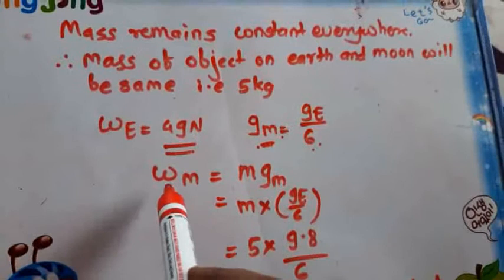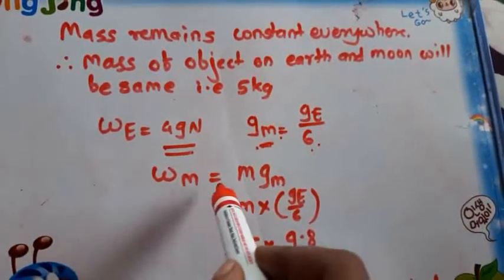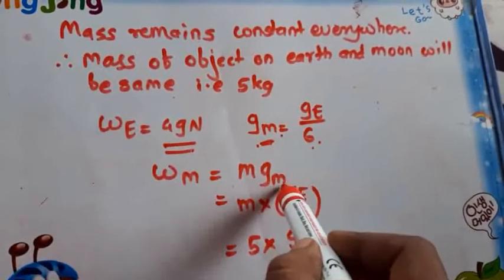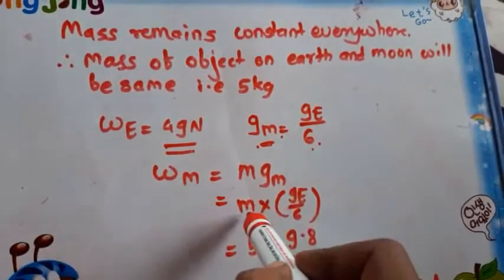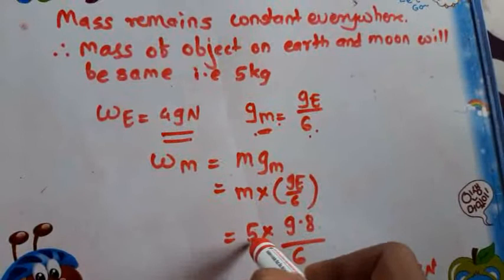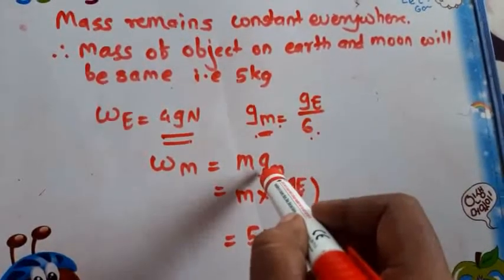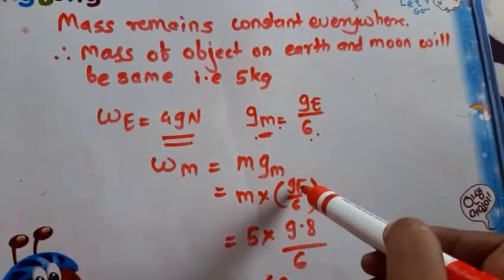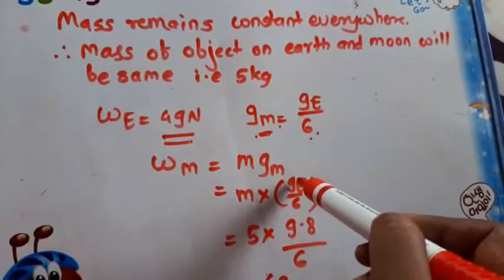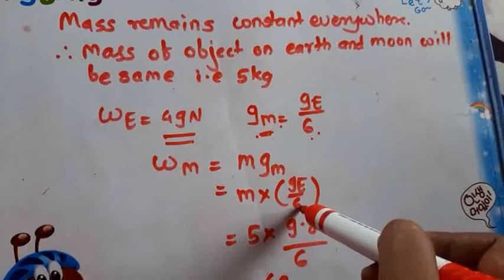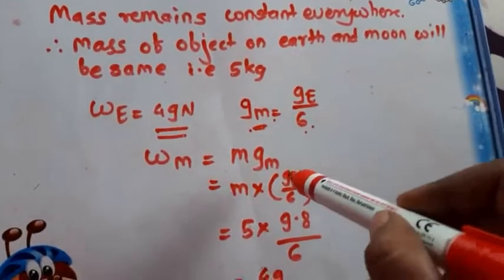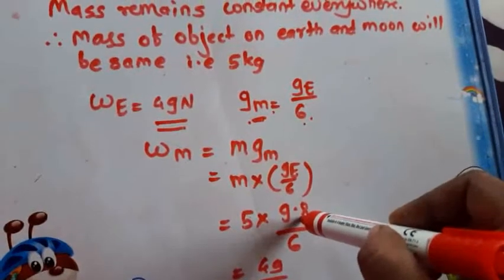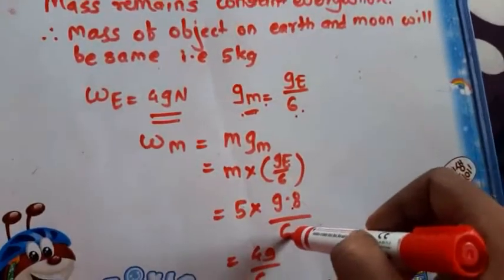So weight on moon will be given by formula mass into acceleration on moon. Mass is remaining constant, so its value is 5. Now acceleration on moon is 1/6 of acceleration on earth, so it will be g_e divided by 6. Value of acceleration on earth is approximately 9.8 divided by 6.